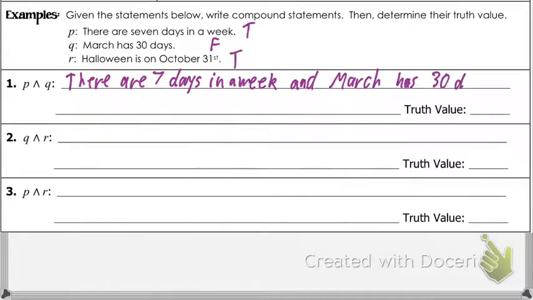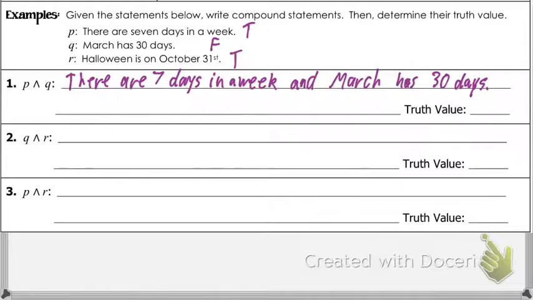What does a week having 7 days and March having 30 days have to do with each other? But it says so. It'd be the A for and. This is what it says, so this is what we'll write. There are 7 days in a week, and March has 30 days.